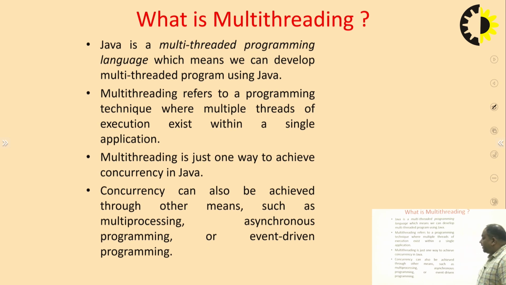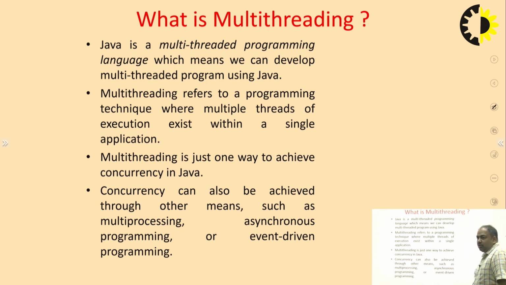What is multiprocessing? Multiprocessing means that we can execute more than one process at a time, like we see in our operating system, and it is very much dependent on the operating system of that particular system. So, when we are executing more than one process, it is known as multiprocessing.